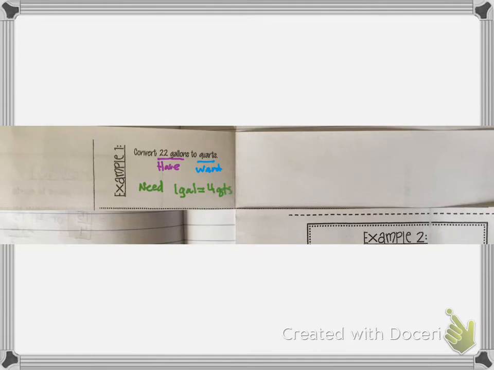Okay, so this is how I start my problem. I start with what I have, 22 gallons. And we've talked about if I want to take a whole number and turn it into a fraction, I just give it a denominator of 1. And now what I'm going to do is multiply by the conversion factor, what I need in order to get my answer to be what I want, which is going to be quarts.